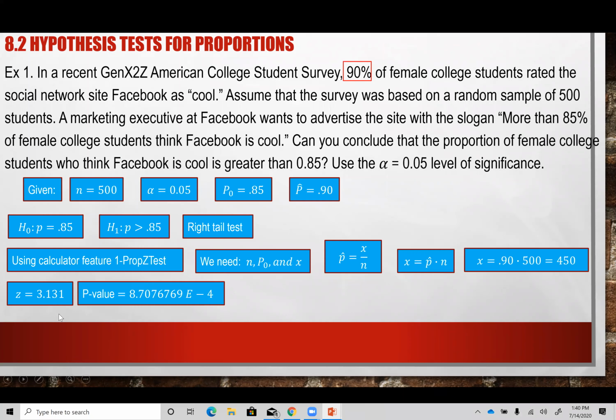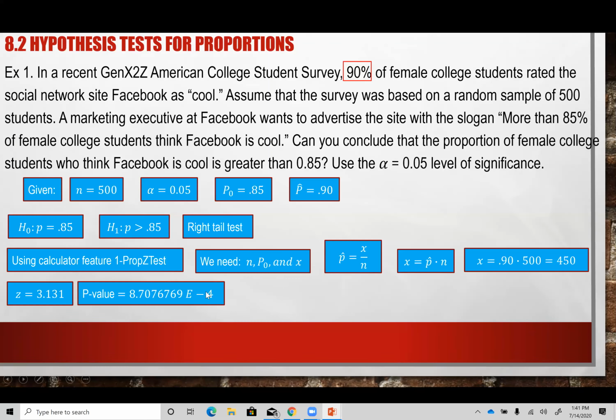So one thing I want to point out, the most important thing before I let you guys go, is to make sure, ladies and gentlemen, that your p-value is 8.7076, whatever, e to the negative 4. Please do not do this on your homework, on your test, or on whatever you do. Do not say, oh, 8.7 is bigger than 0.05.